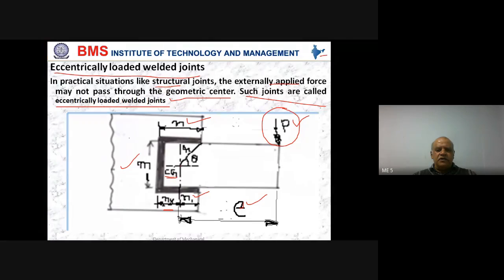M is the width over here, N is the distance over here, Ny will give you the location of CG from the transverse weld over here. And this is R. R is the radius of the weld, theta is the angle. Is that okay? So please note down the sketch and the definition into your notebook.